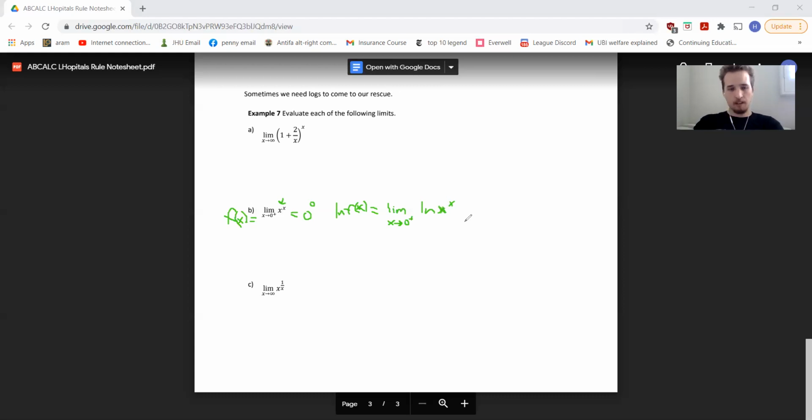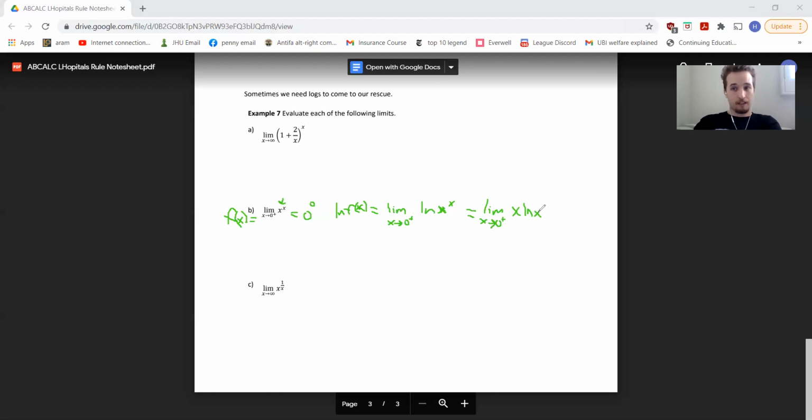I'm sorry, my writing's not the cleanest. And of course, that allows us to bring the x down. And again, if you plug in 0 here, you get 0 times ln of 0, which is negative infinity. So you get 0 times negative infinity.